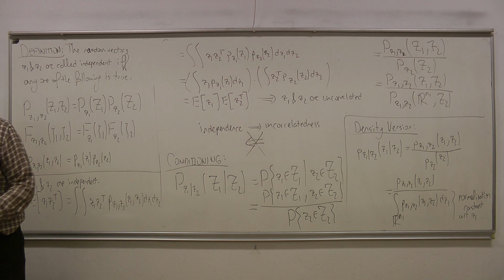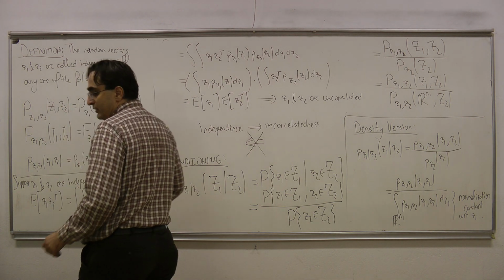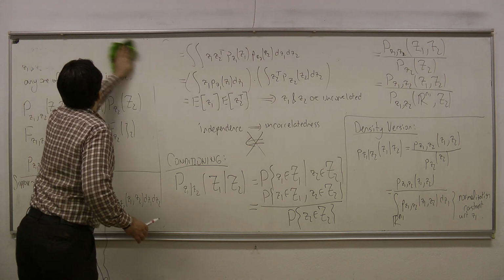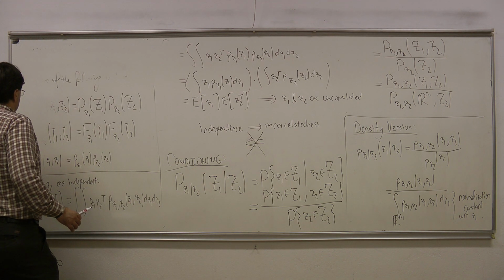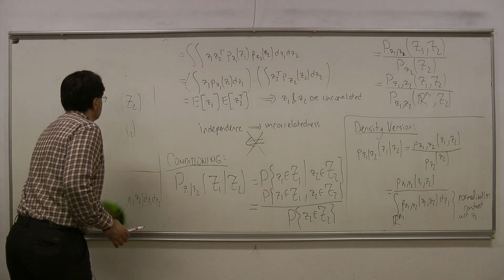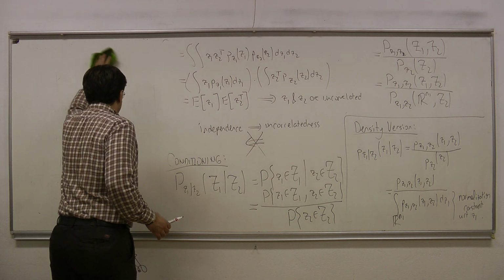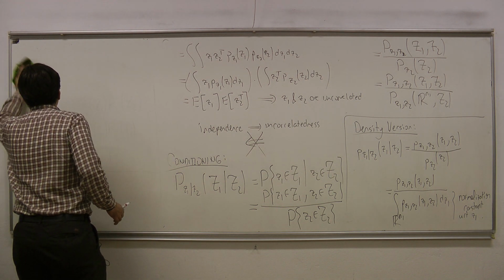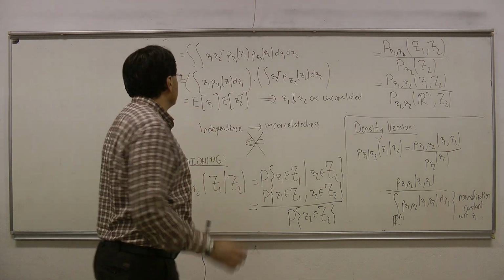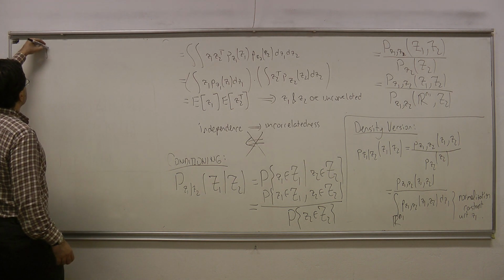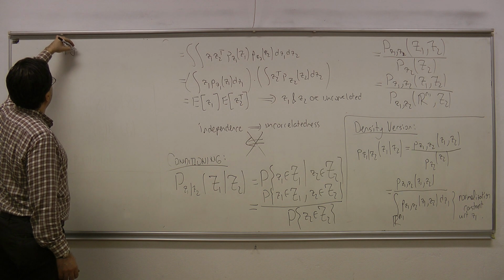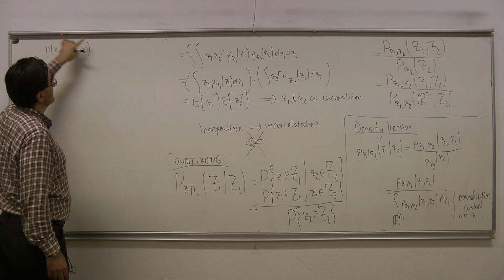But in this course, when we see the linear systems, we will need to find the conditional distribution of the state vector xn given all of the previous measurements.